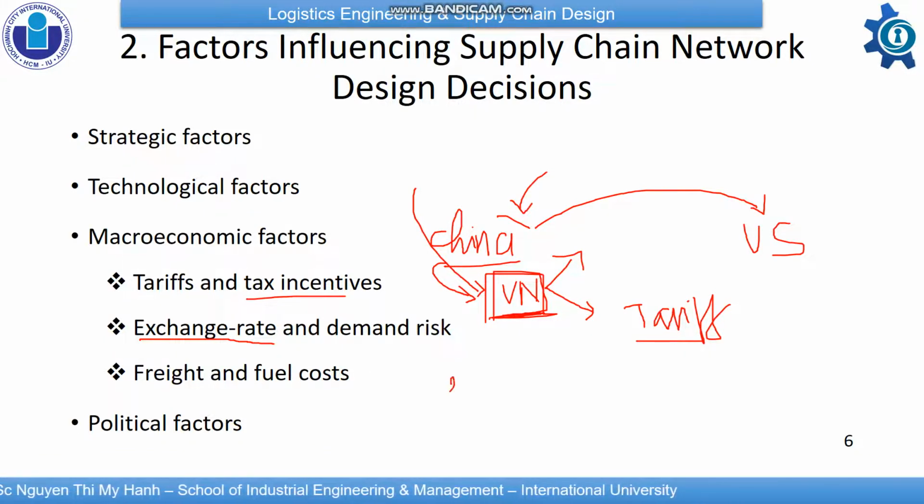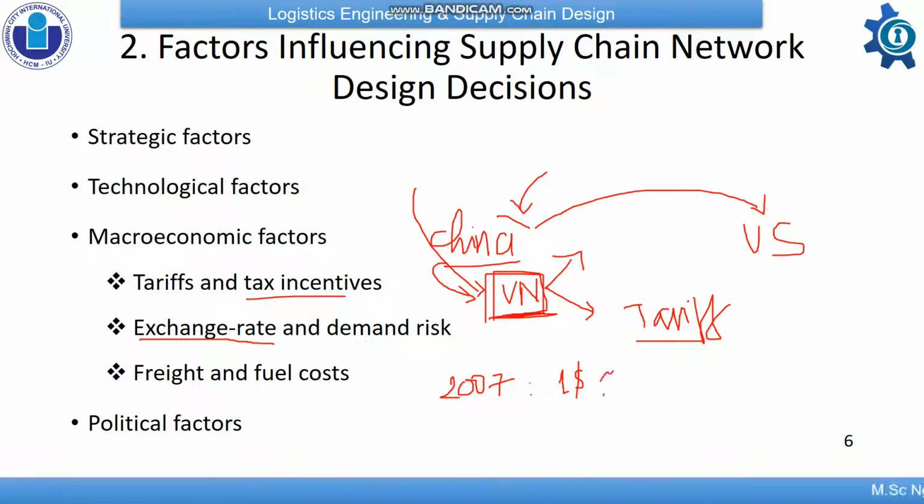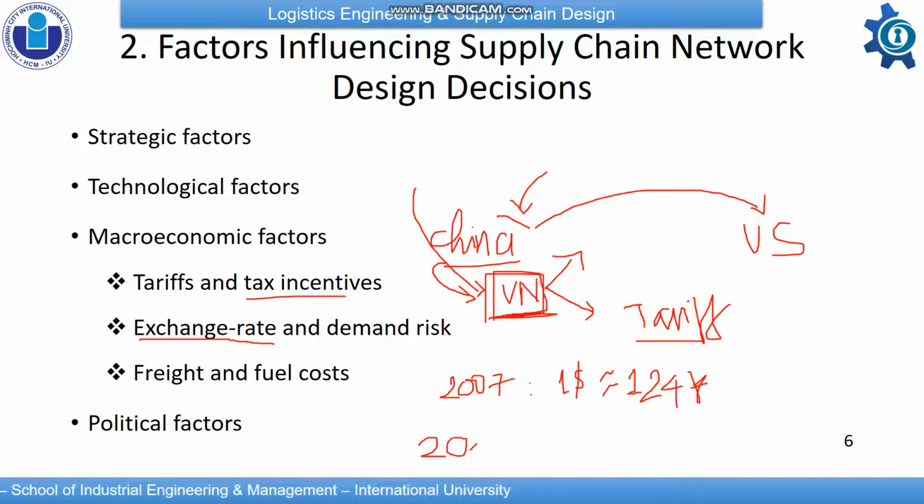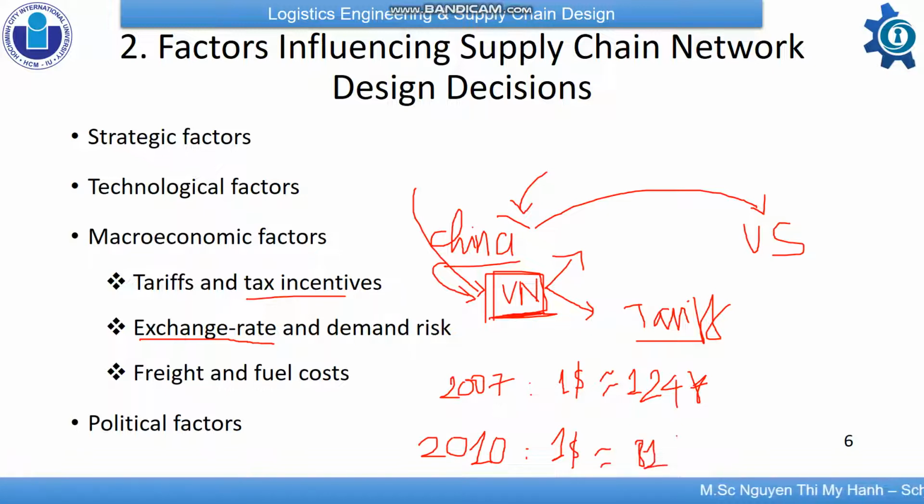Let's say in 2007, 1 USD is equal to 124 yen, Japanese yen. But in 2010, 1 USD is equal to 81 yen.